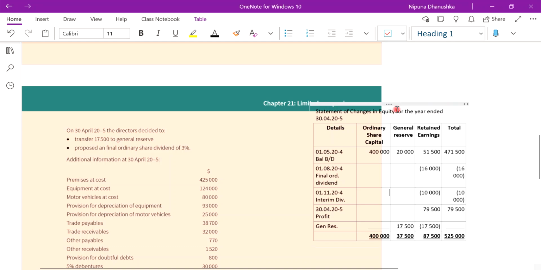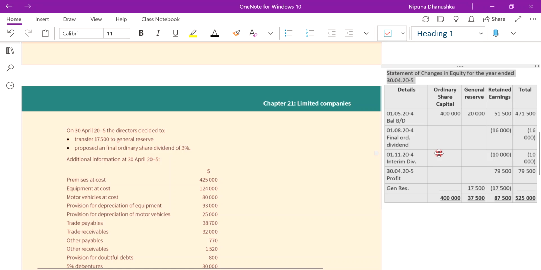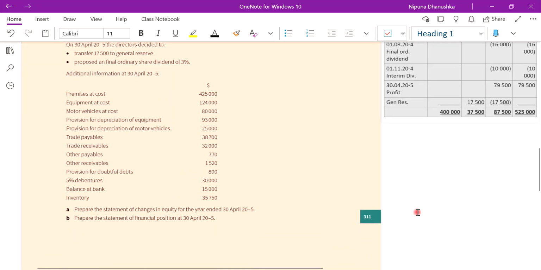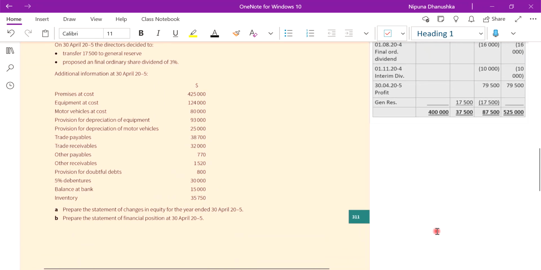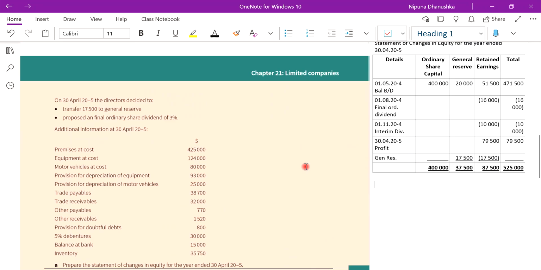Now we can move on to part B of the question. It's about preparing the statement of financial position as at 30th of April 2005. Let's see. The name of the business is AK Limited.